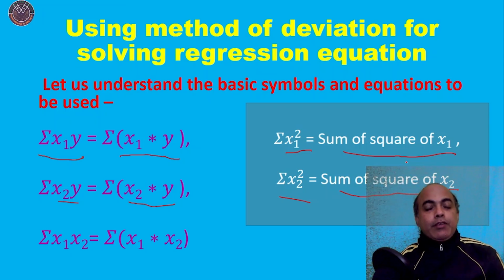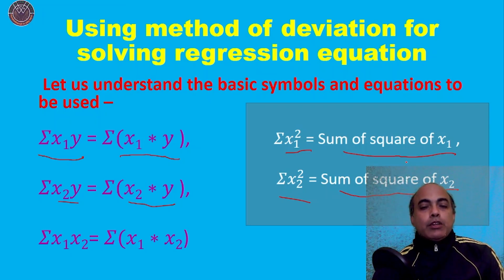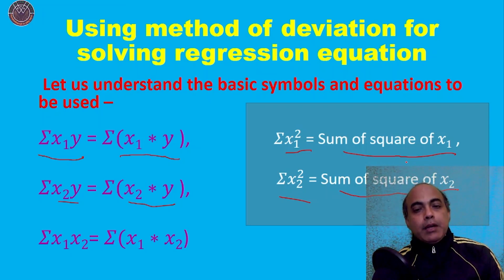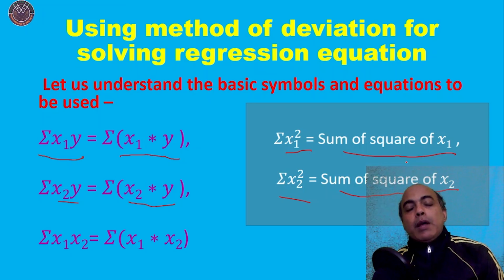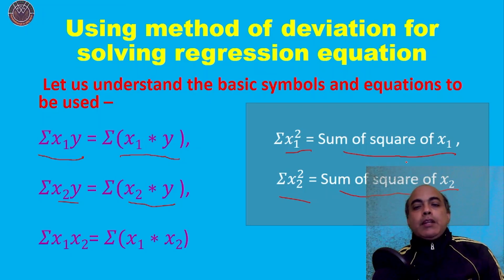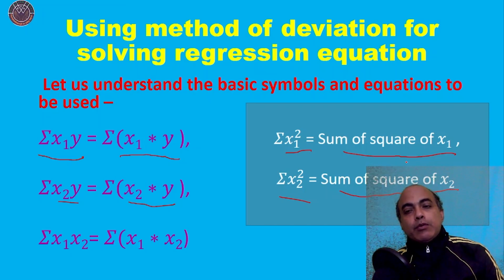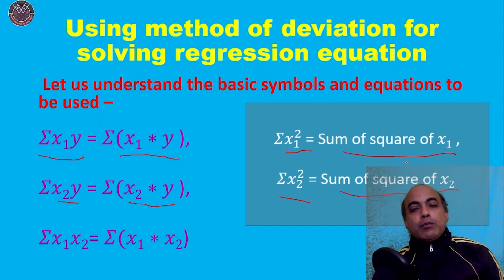And from where you are getting this small x1, small x2 and small y, let me again explain. Small y is equal to capital Y minus y bar. Similarly, small x1 equal to capital X1 minus capital X1 bar, and small x2 equal to capital X2 minus capital X2 bar. So once we solve one problem, then we will get how it is actually working.